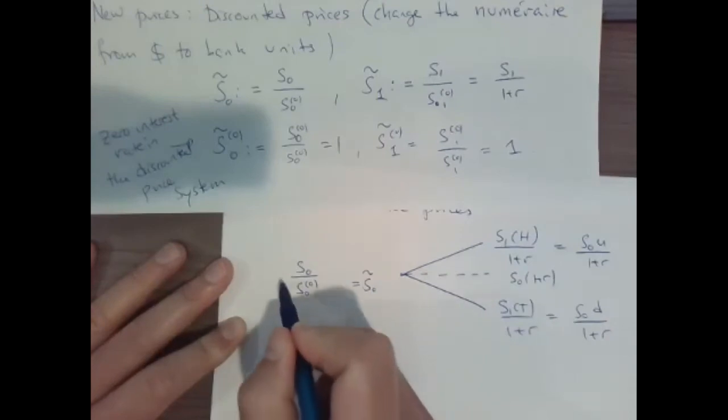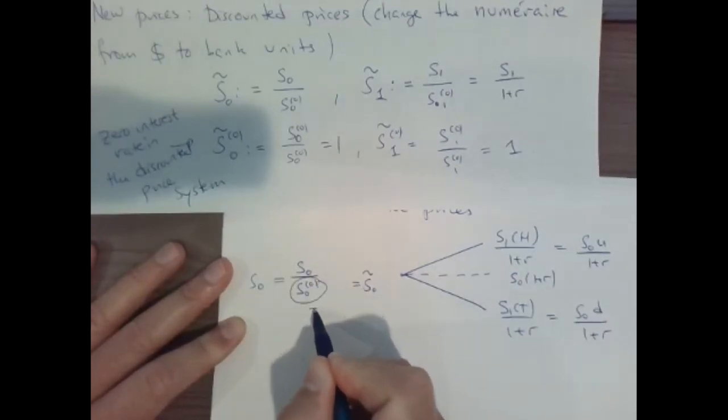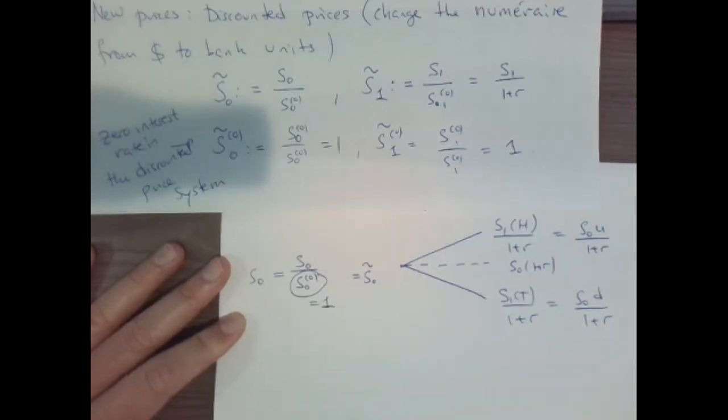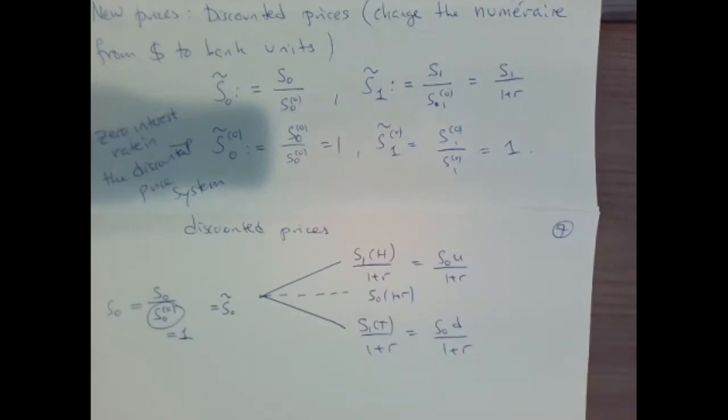And we always take this thing to be 1. So this is still this quantity here. This is 1. So this is how our discounted price system looks.